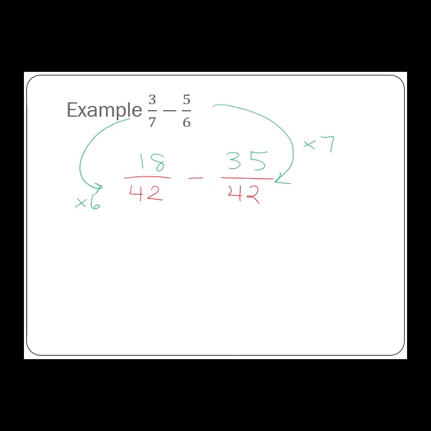In this case, I am subtracting a bigger number. The 35 is what's being subtracted. 18 minus 35 is -17. So this is actually going to be -17 over 42. And again, it's negative because the bigger number, the 35, was being subtracted.